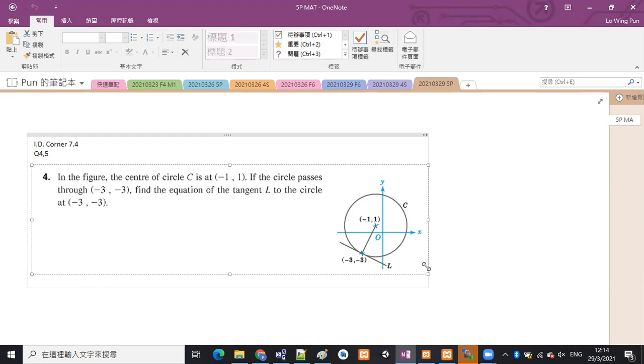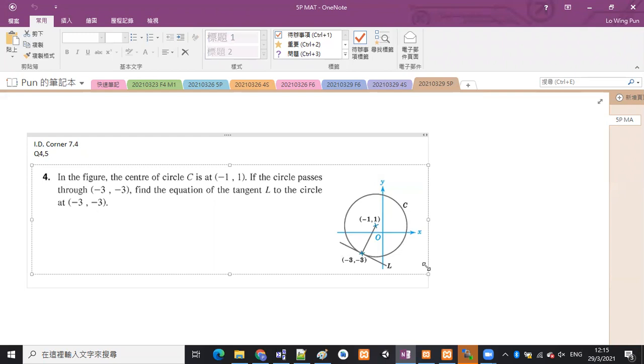The question asks us to find the equation of a straight line. So in my mind, I would immediately think of the point-slope equation. If they ask you to find the equation of a straight line, I need a point and a slope. Do we have points on the line L? Yes, which point? (-1, 1) or (-3, -3)?